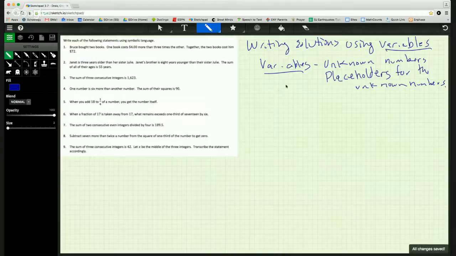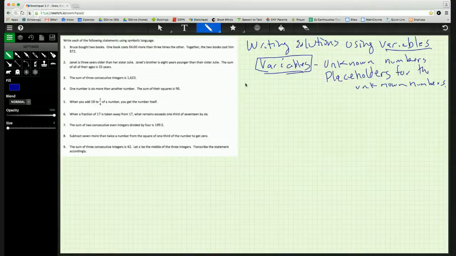So, for example, let's just look at number 1 here. Bruce has 2 books, and one book costs $4 more than 3 times the other, and together the books cost him $72.